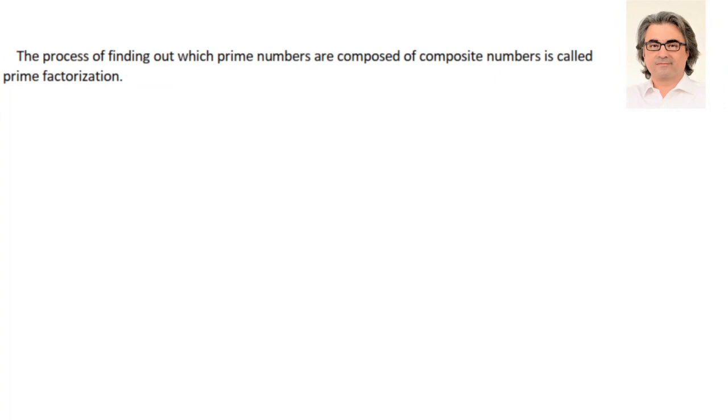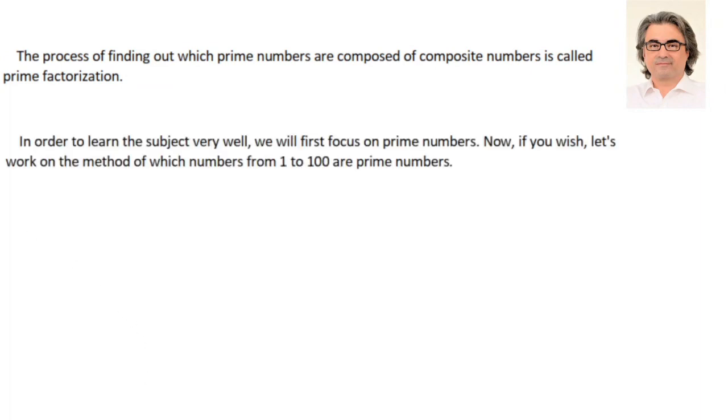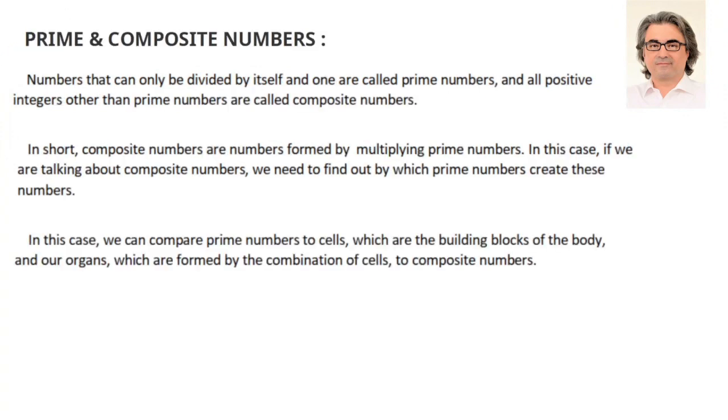Now let's continue again. In order to learn the subject very well, we'll first focus on prime numbers. Now, if you wish, let's work on the method of which numbers from 1 to 100 are prime numbers. Concentrate on finding all prime numbers from 1 to 100.